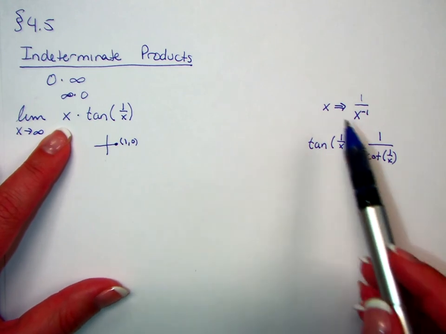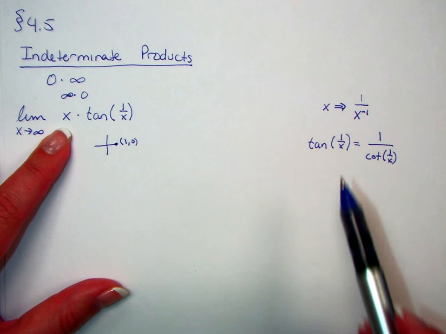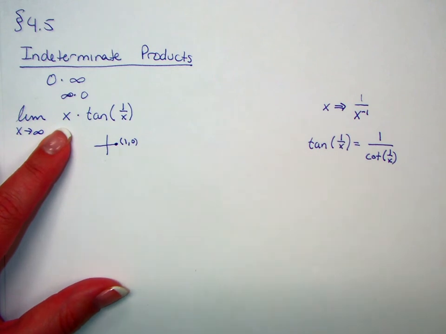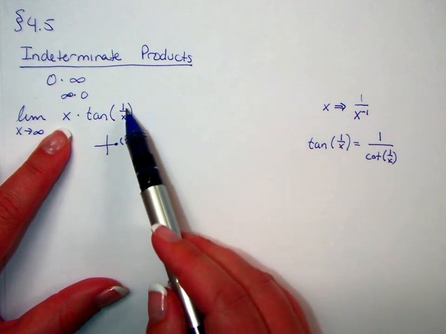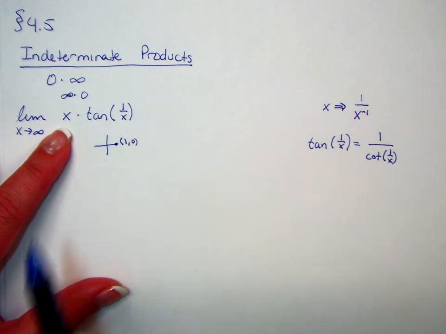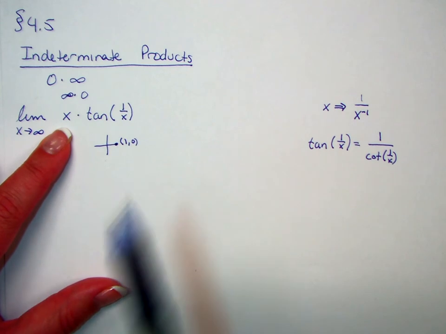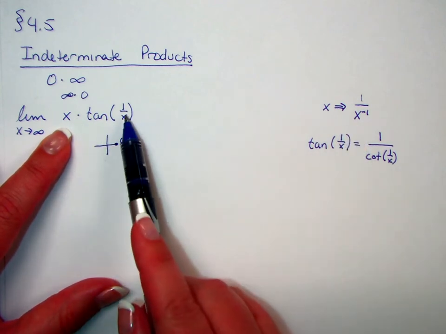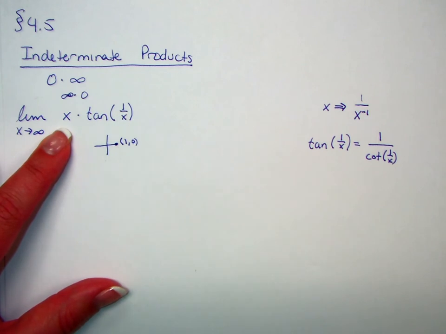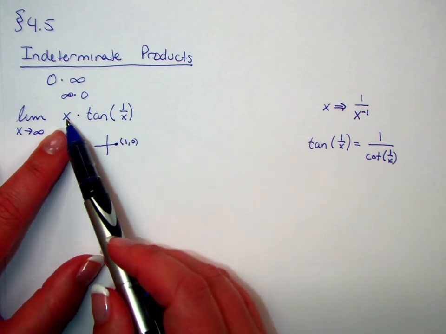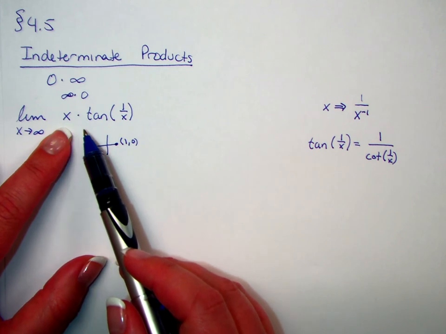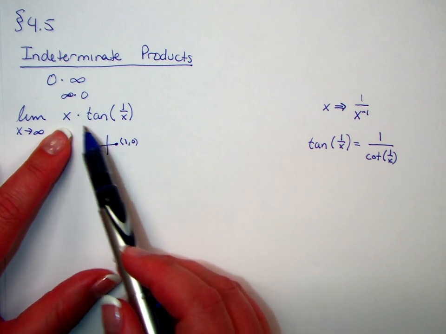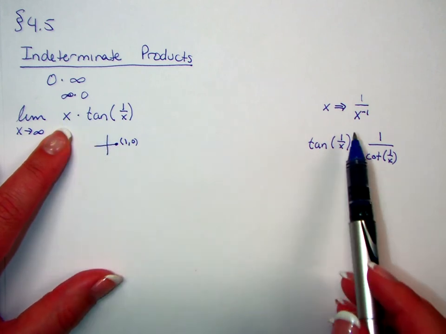But I have some inside knowledge here of which function to use, and that is because 1 over x is really x to the negative 1 power. So if I change this x to x to the negative 1 power, and I have an x to the negative 1 power on the inside here, things are going to start to simplify, right? So I'm going to choose to move the x to the denominator, or change x to 1 over x to the negative 1.